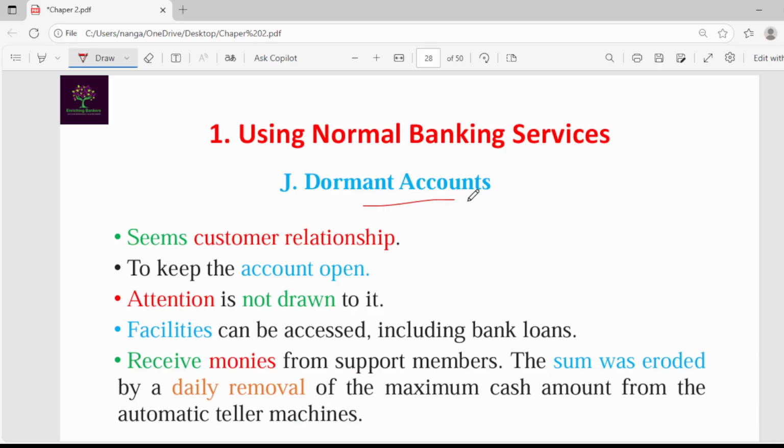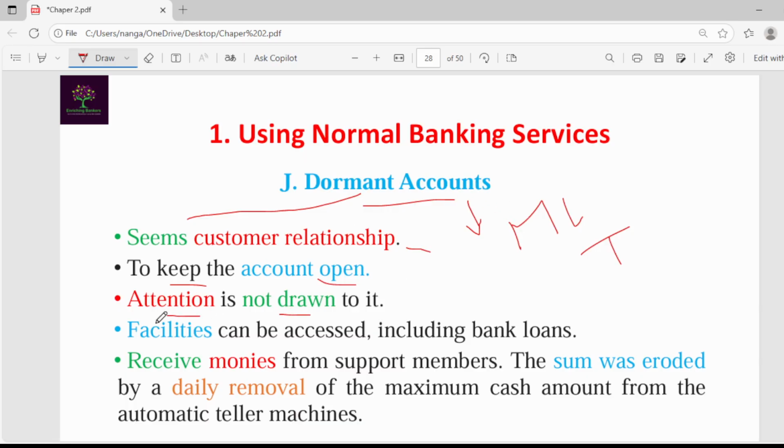Dormant accounts provide so many advantages to money launderers and terrorists, because these accounts seem to have a customer relationship with the bank, and these accounts are always kept open, and they do not draw anybody's attention.